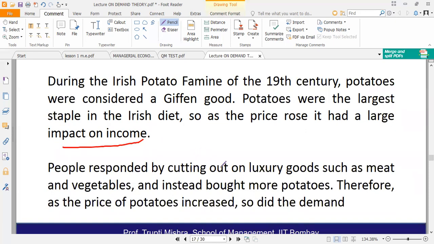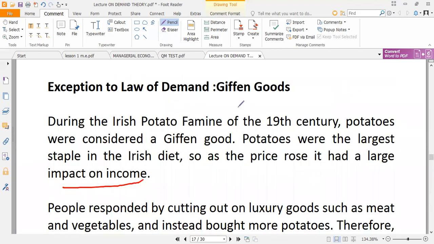People responded by cutting out luxury goods such as meat and vegetables, and instead they bought more potatoes. Therefore, the price of potatoes increased, and so did the demand. That's where the Giffen concept came in. Giffen goods are goods whose demand will go up as the price goes up.